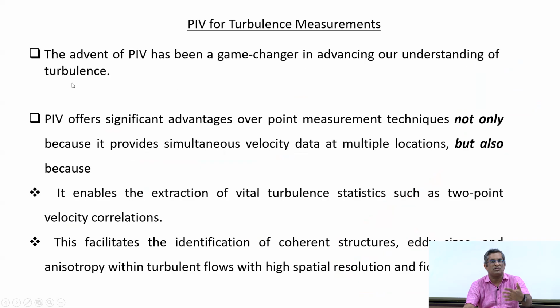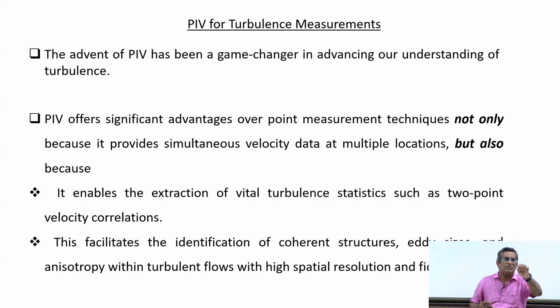This is mainly because of its ability to measure the velocity field spatially. Now, we should not think that the only advantage compared to LDV is that we can avoid multiple measurements because you obtain spatial measurements in a plane.